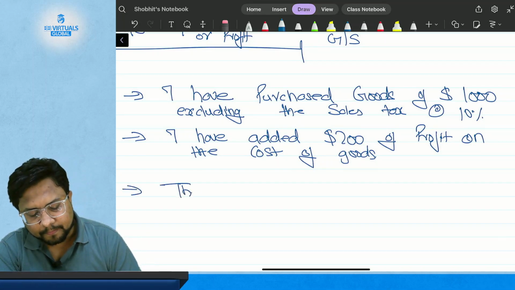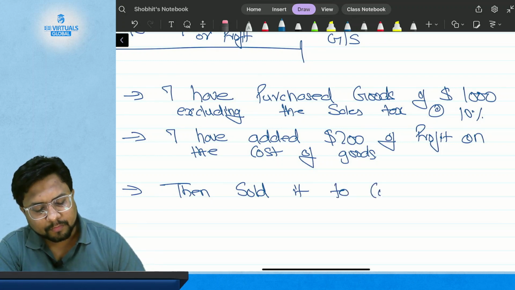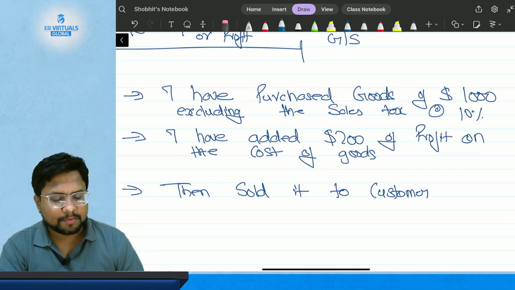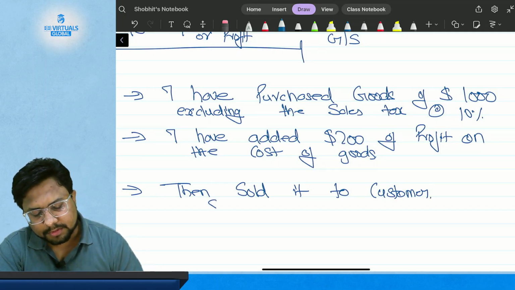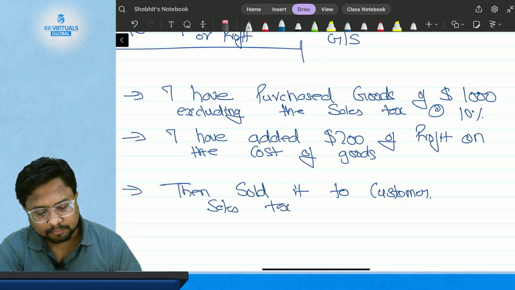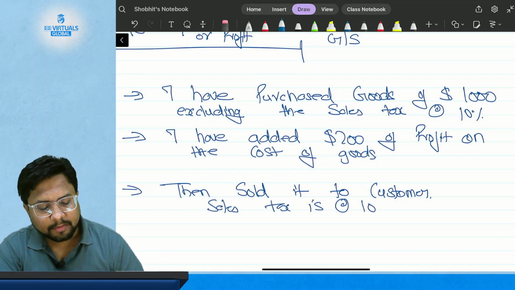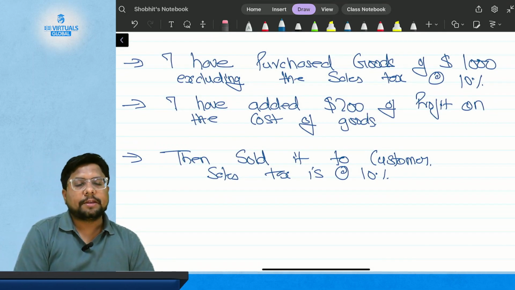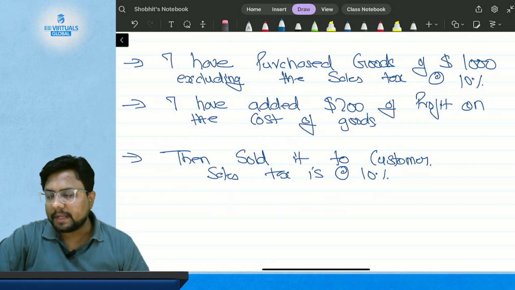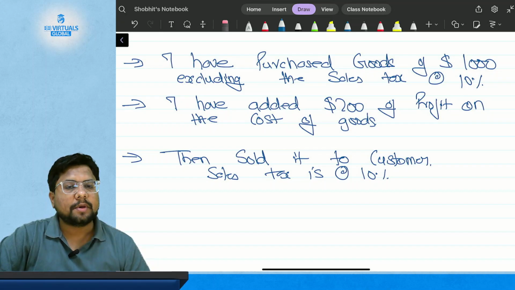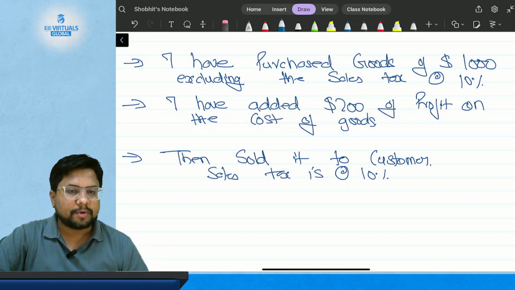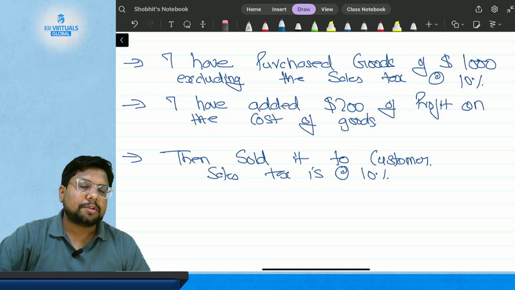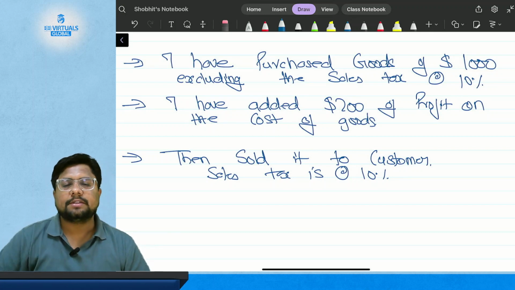Then I sold it to the customer, and here also the sales tax is at a rate of 10%. So this is the example where I have purchased goods of $1000, excluding the sales tax, and then I have added $200 as my profit margin, and then sold it to the customer, and still there is a sales tax of 10%.